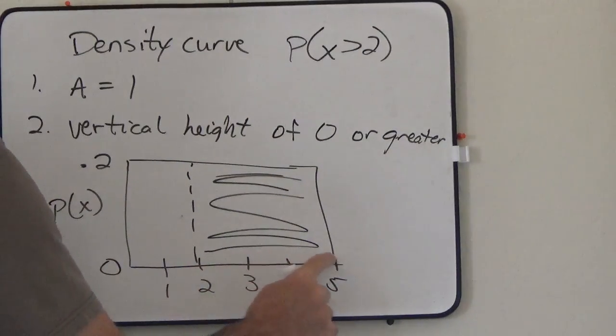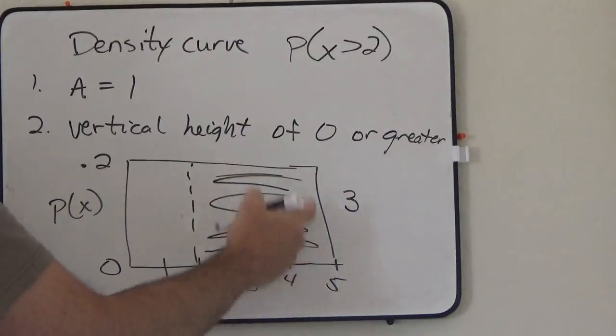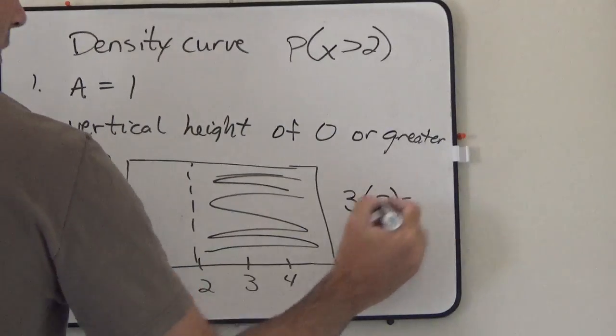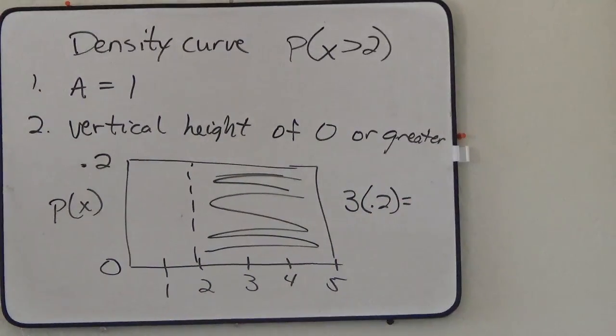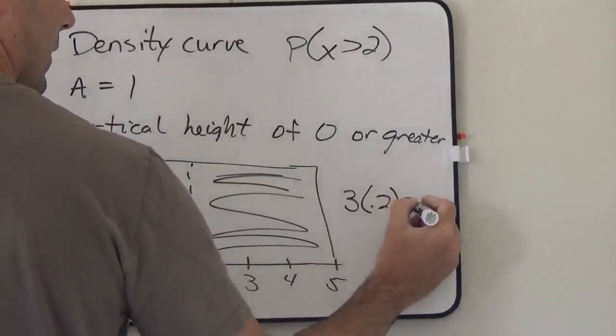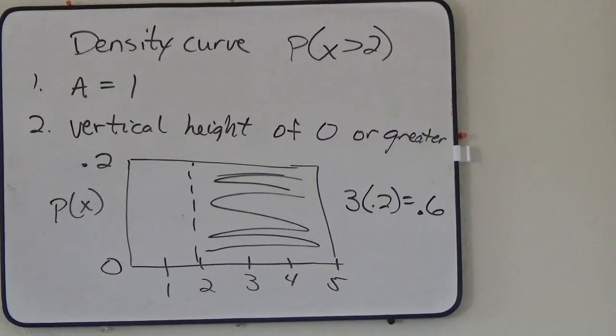This is 1, 2, 3, so the length is 3. And we're going to multiply that by the height, which is 0.2. The answer we get here is 0.6. So there's a 60% chance that you're going to have a 2 to 5 minute waiting period. That's how that curve works. I found the area, but the area ended up being my probability because the height is probability.